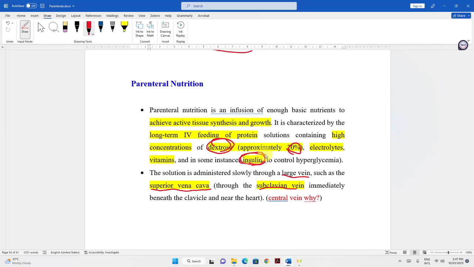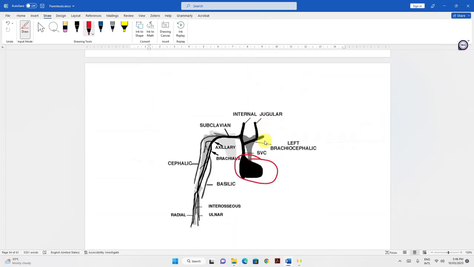These materials are hypertonic. That's why we want the preparation to get diluted quickly when it goes to the blood. That's why we need a large vein. If we do it in a peripheral vein, then we will have problems of hypertonicity. Okay?